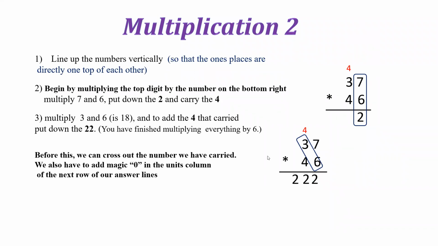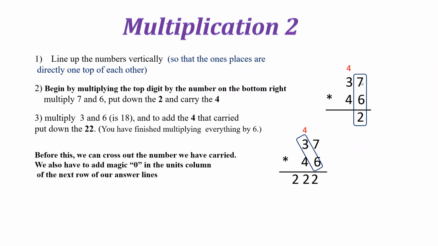Next, consider this example. We need to multiply 37 by 46. Of course, we line up the numbers vertically, begin by multiplying the top number by the bottom digit, and start on the right and move to the left.